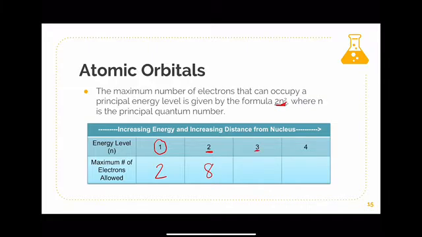In energy level 3, 3 squared is 9, times 2 is 18. And then the last one, 4 squared is 16, times 2 is 32. That's the maximum number of electrons allowed in those energy levels.